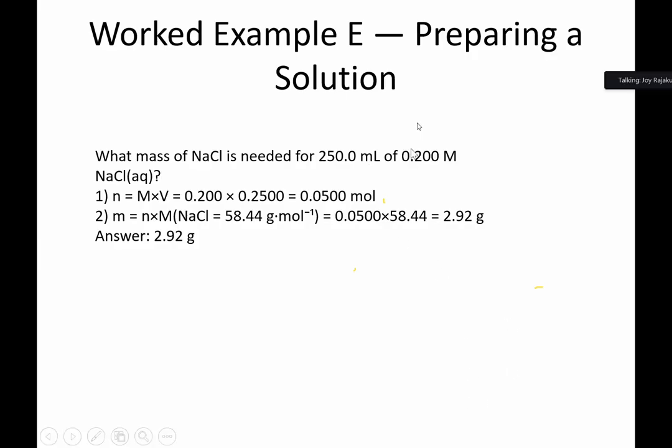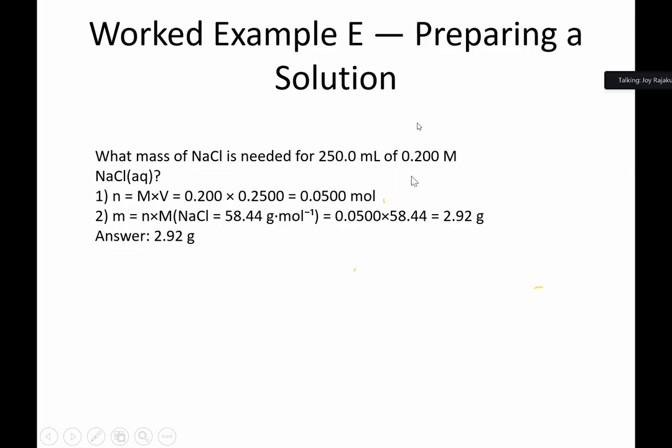So 0.2 mole per cubic decimeter. Then how many moles are there in 250 milliliters? What we can do is multiply, but you have to make sure this is in liters. Then we get this amount.